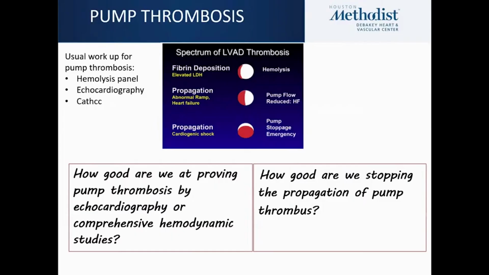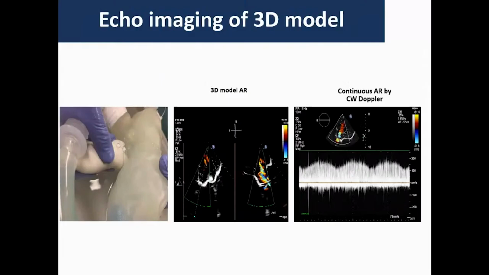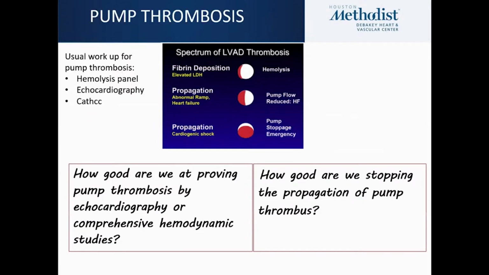What we basically saw was that the echo parameters are usually overestimated, which is actually not surprising. But maybe there was a signal that there is some truth to the systolic to diastolic ratio and the diastolic acceleration time. That could be used in clinical practice, provided there is appropriate alignment with the outflow cannula.